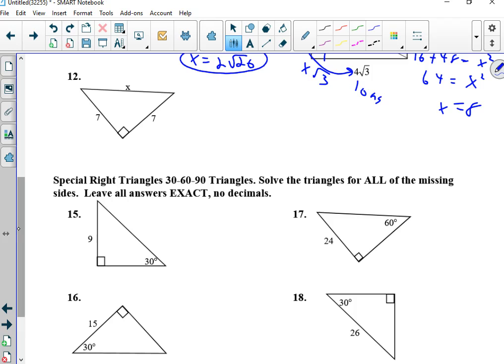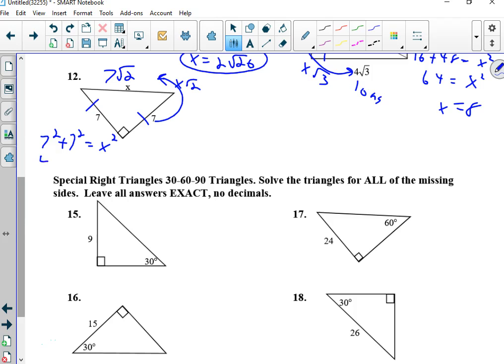Again, number 12, if you didn't have these rules, obviously that's this isosceles triangle. How do I go from isosceles to the leg to the hypotenuse? I multiply by radical 2. So this is 7 radical 2. But the directions say use Pythagoras. So here I go.